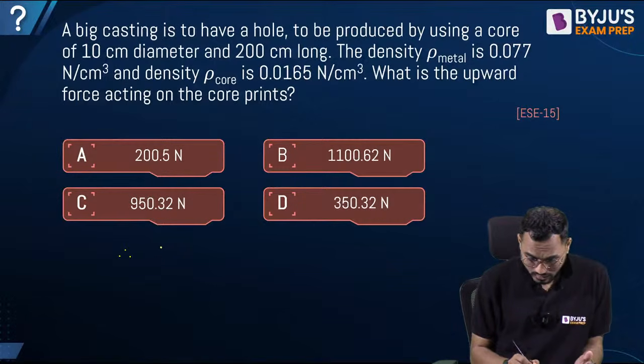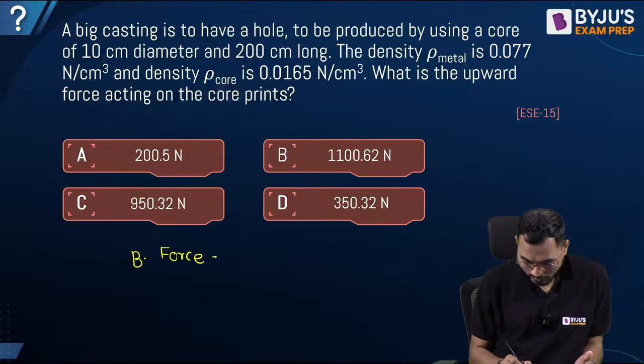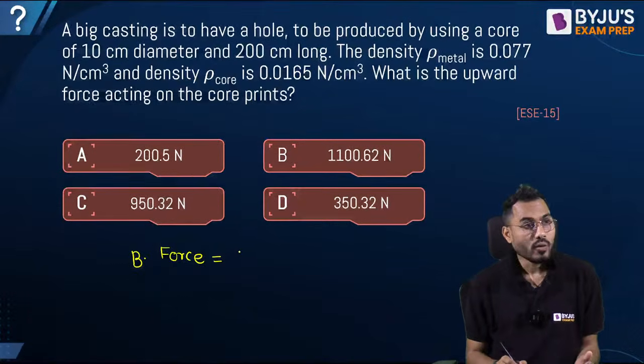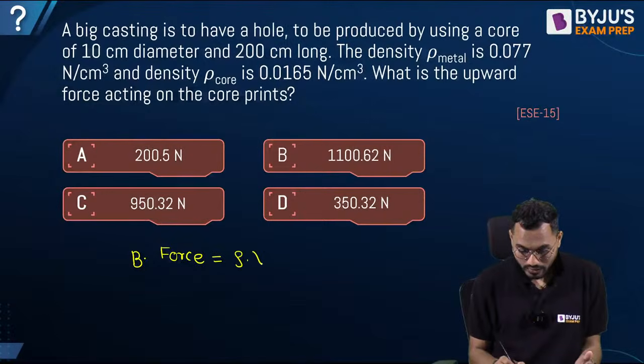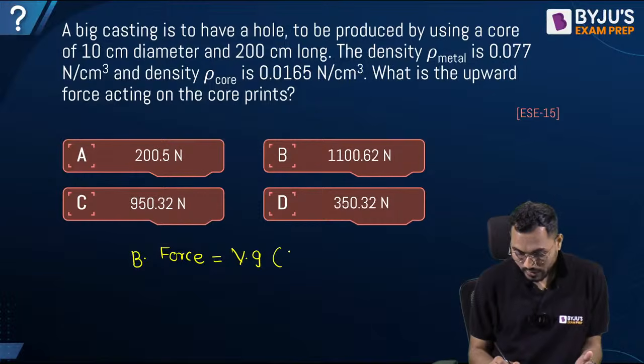The buoyancy force acting is equal to density into volume into gravitational acceleration, which here is the density of metal minus the density of the core, right?